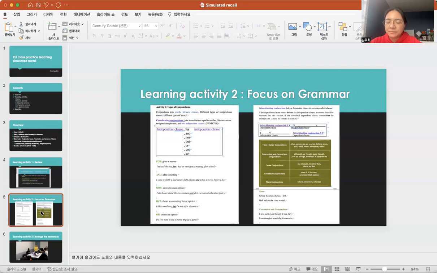For example, the conjunction of time, before: "Before the class started, I left," and "I left before the class started," without a comma. I gave comparison examples of several conjunctions so that students had a better understanding of the different sentence structures.